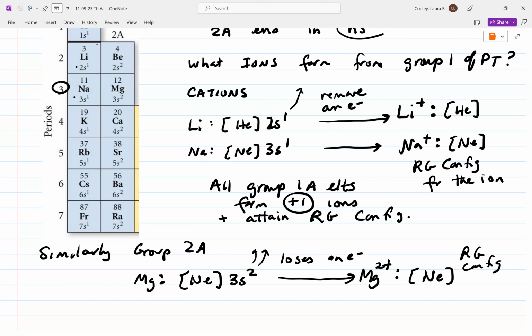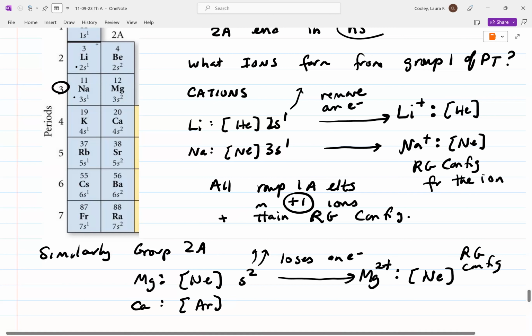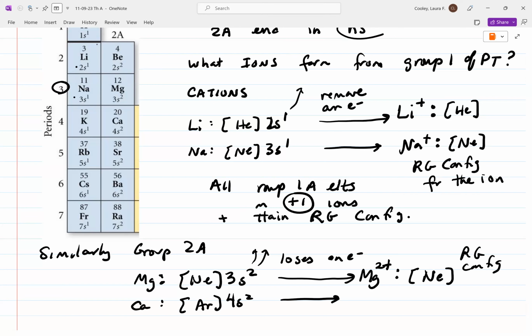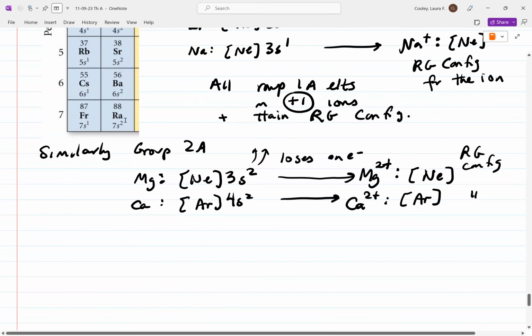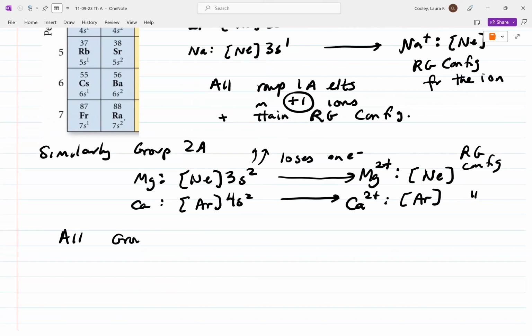And the next one down, calcium, similarly. It's a 4, not a 3, sorry. Take away 2 electrons. Again, it's a rare gas configuration. So for all of the elements in group 2A, they lose 2.